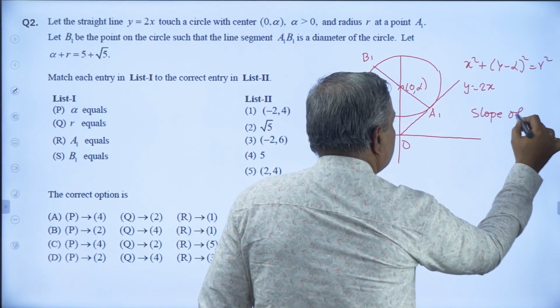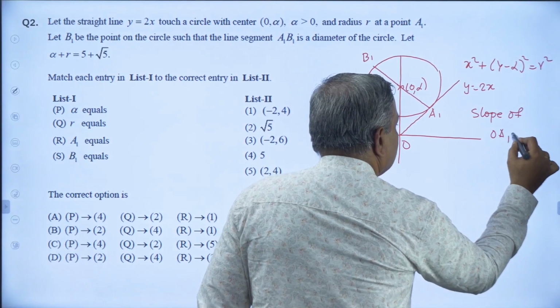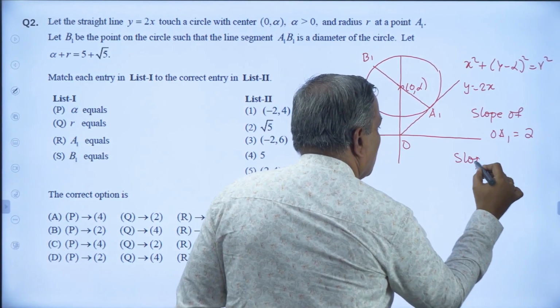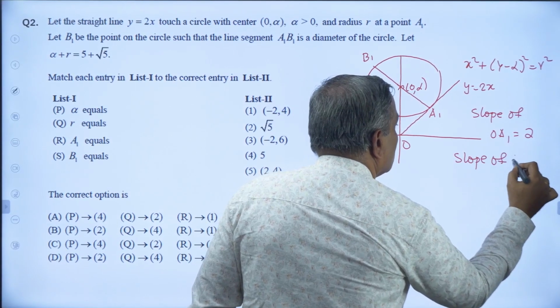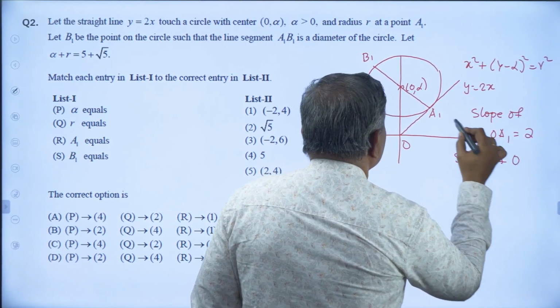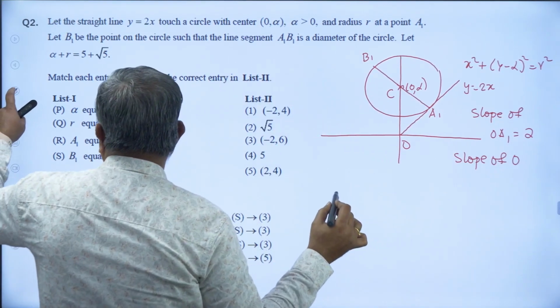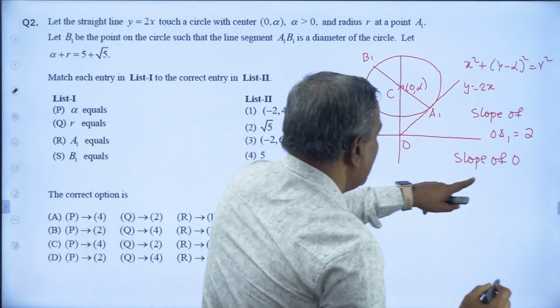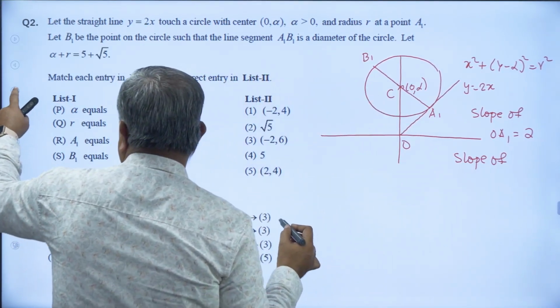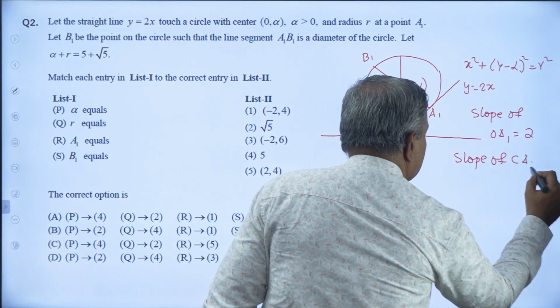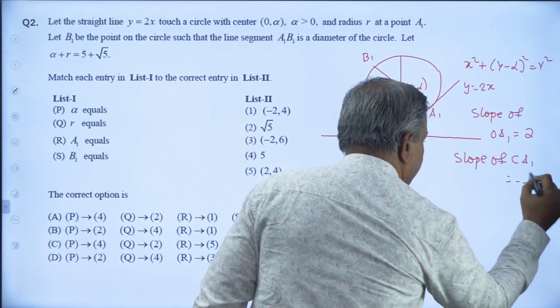Slope of OA1 is equal to 2. Then the slope of CA1, where this is C, is equal to minus 1 by 2.